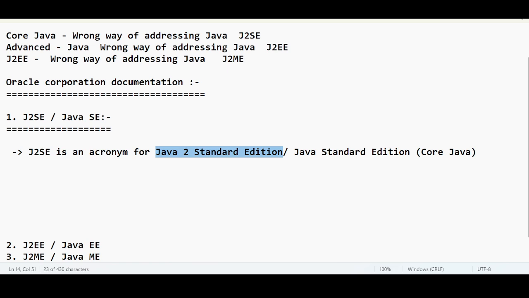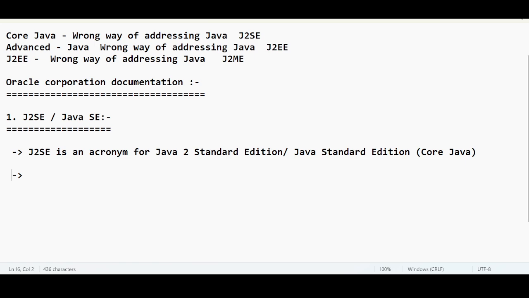Right? So one thing we have understood, why the name comes as Java 2 Standard Edition. Okay, the second thing. Sir, I'm going to learn the Java programming language and I'm going to give 100%. What is the benefit that I'm going to get after completing this coaching? Right?